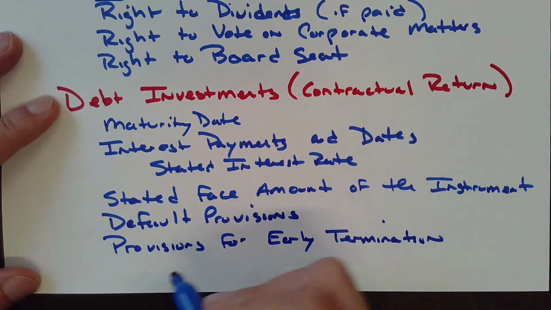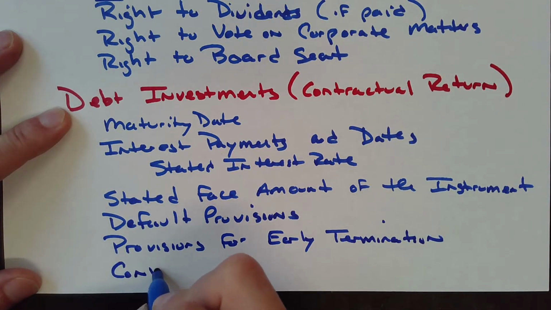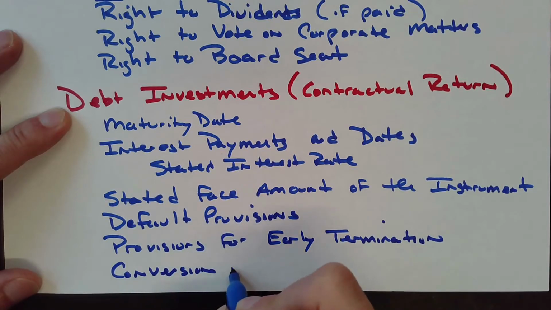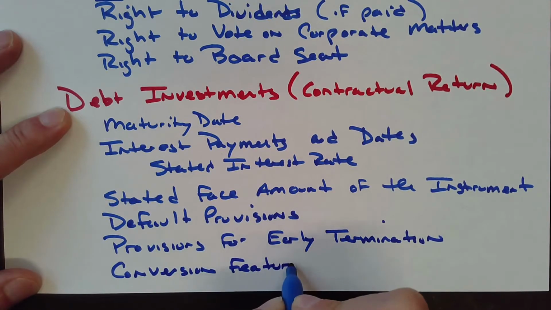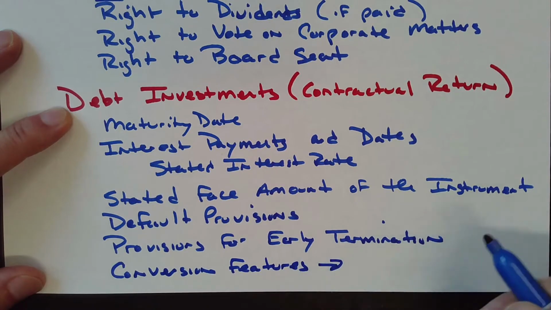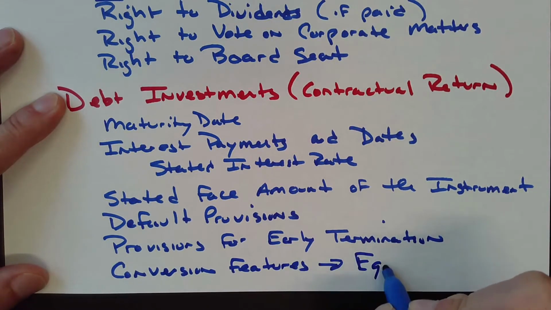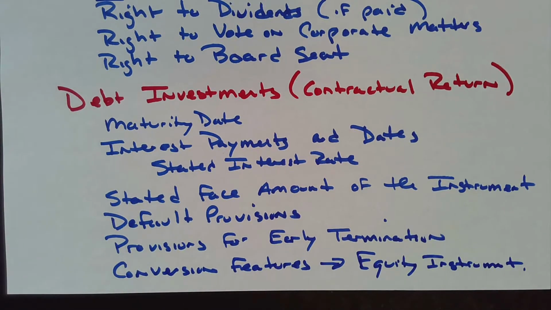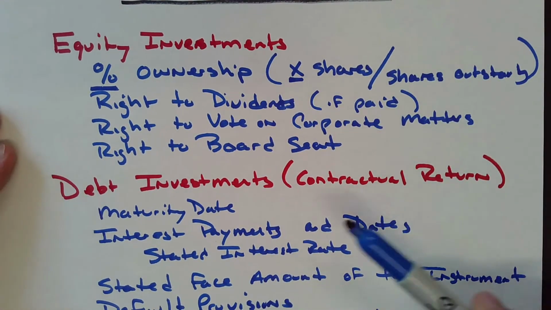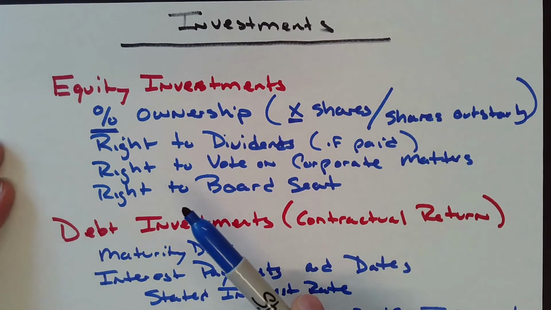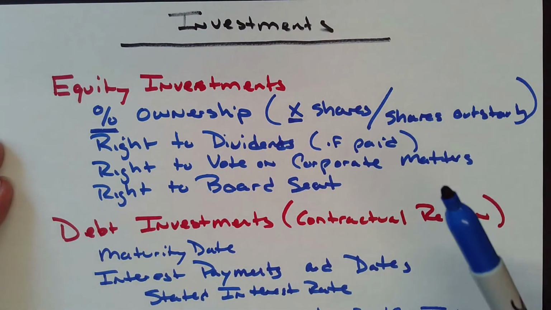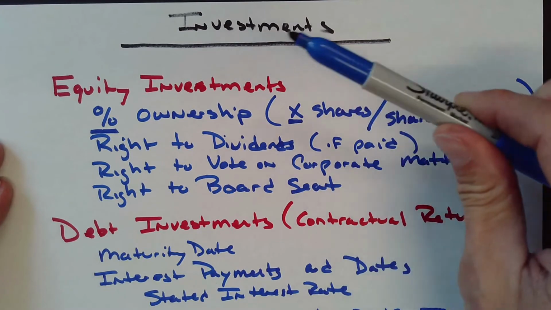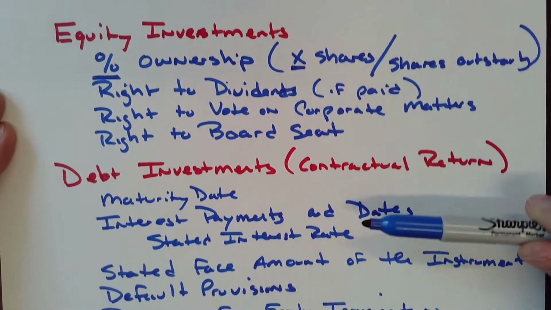There could be conversion features, converting it to an equity instrument. So each of these is for an organization and even for an individual. When I've got a little extra cash, maybe I put it into one of these two things.